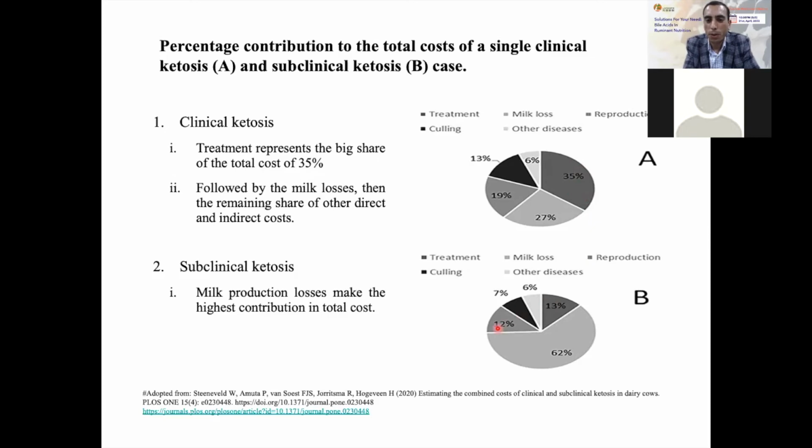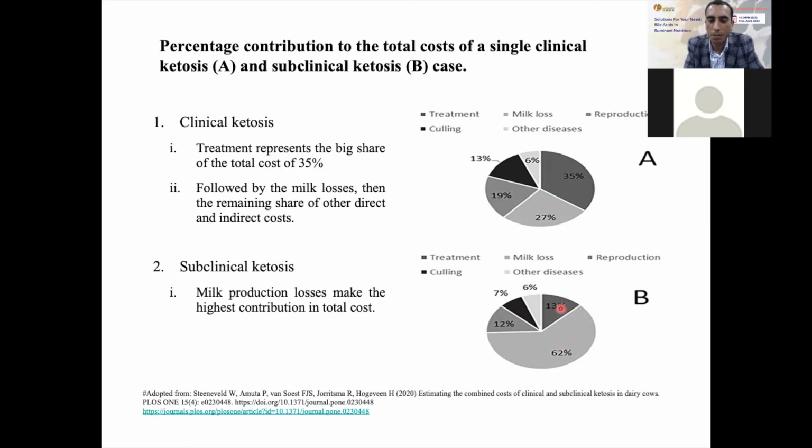The cost of reproduction and culling in this case is also less than in clinical ketosis. Here we would like to mention that the cost of milk production is less here and high here. That means the cow loses a lot of milk production when it has subclinical ketosis.